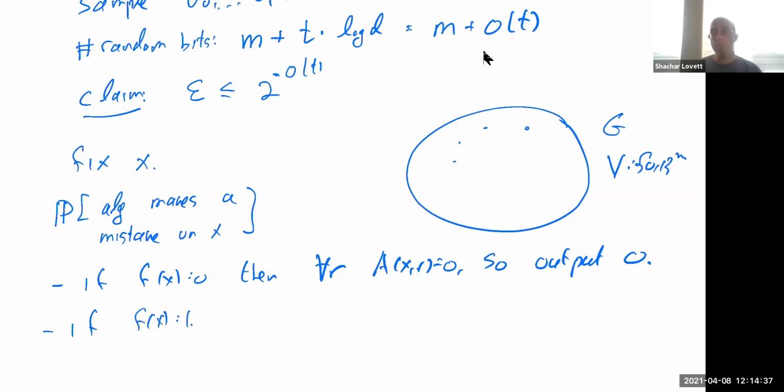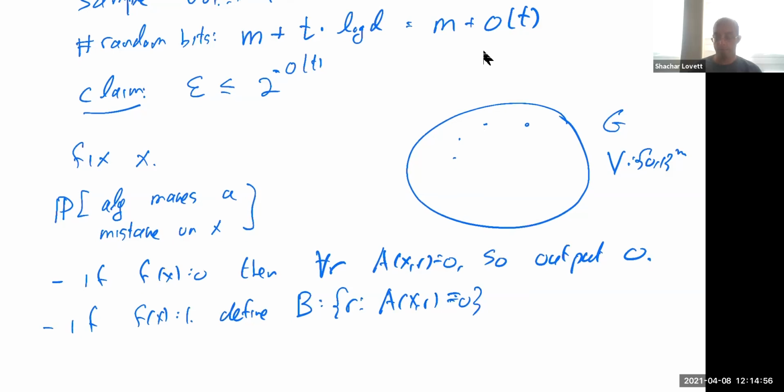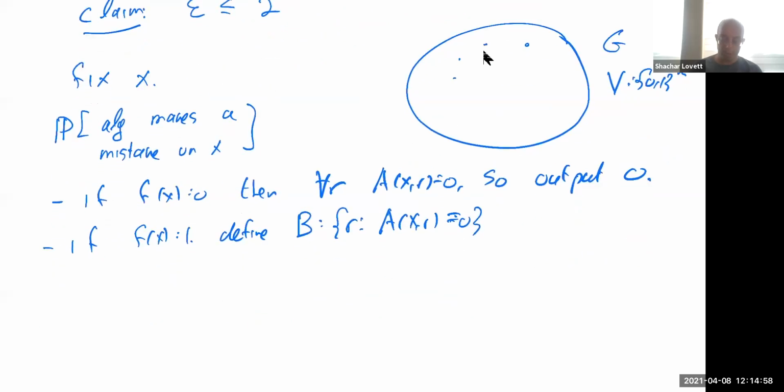And now I want to use our theorem, so we need to define a bad set. Define B to be all these random strings where A(x,r) outputs 0, so the wrong answer. That's going to be a bad set of random seeds for our algorithm. By assumption, we know that the size of B is at most a third of the total.